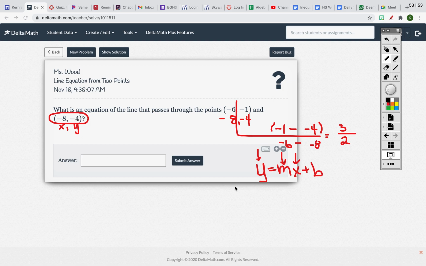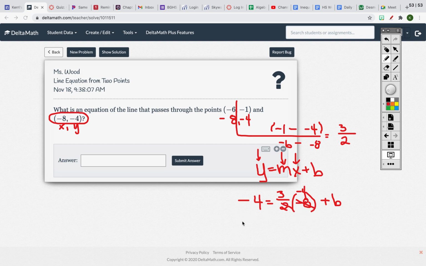So my y value is -4 equals, what is my m? 3 over 2 times, what is my x? -8 plus b. I'm going to do 3 halves times -8.